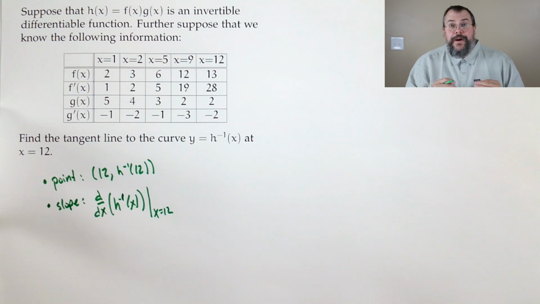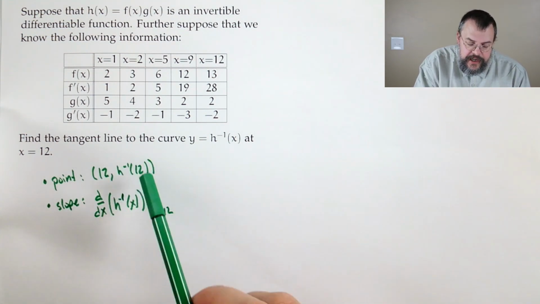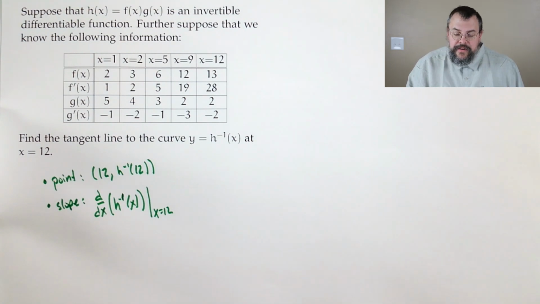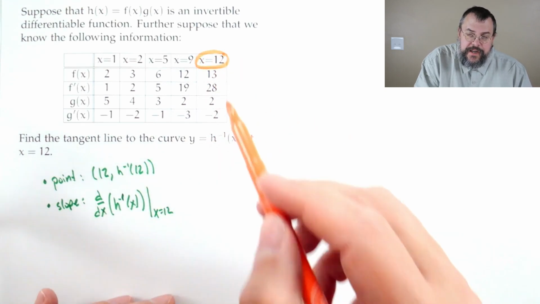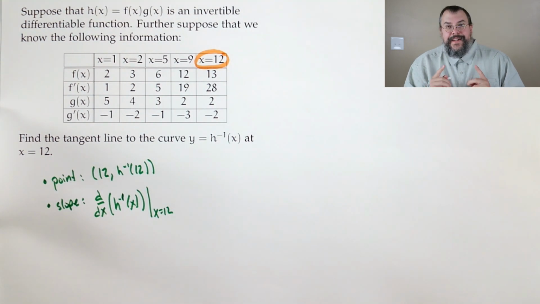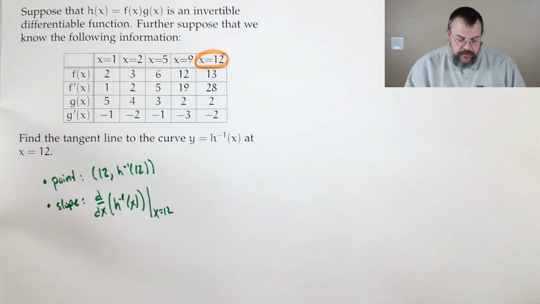Well, probably we should focus on the point because we do need to know what's happening with h inverse of 12. Now, I can't help but notice they did put a 12 here. I think they're trying to trick us because that seems too easy. Let's be careful here. What does it mean to find h inverse of 12?